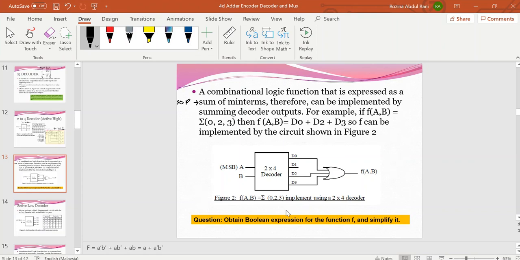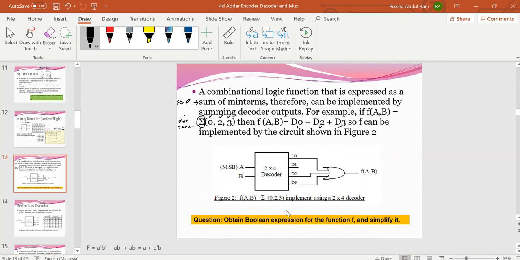For example, if the function of variables A and B is equal to the sum of minterms 0, 2 and 3, then F(A, B) is equal to D0 plus D2 plus D3. So F can be implemented by the circuit shown in figure 2.